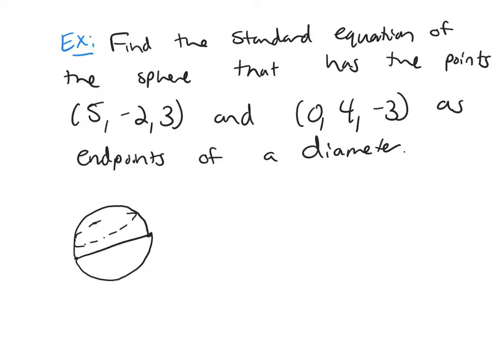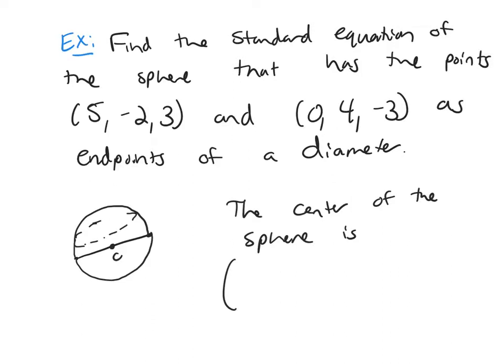But if I have a diameter, halfway between those, the midpoint of those points is my center. So here, between those 2 points, I have the center of my sphere. So we need to find the midpoint of those 2 points.